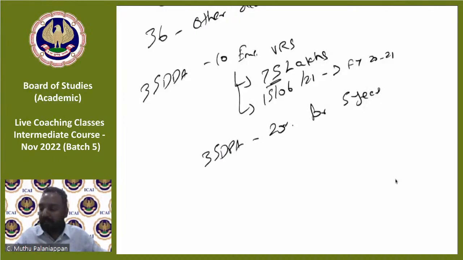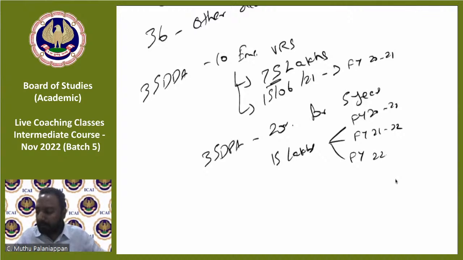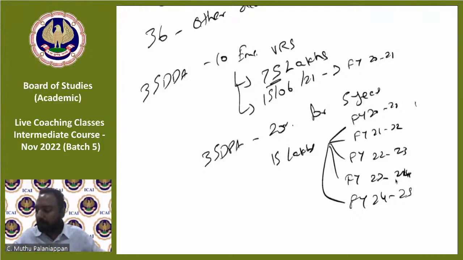So when you say 75 lakhs, divided by 5 is 15 lakhs, from financial year 21-22, financial year 22-23, financial year 23-24, financial year 24-25. So 1, 2, 3, 4, 5. So this is how you claim this voluntary retirement.